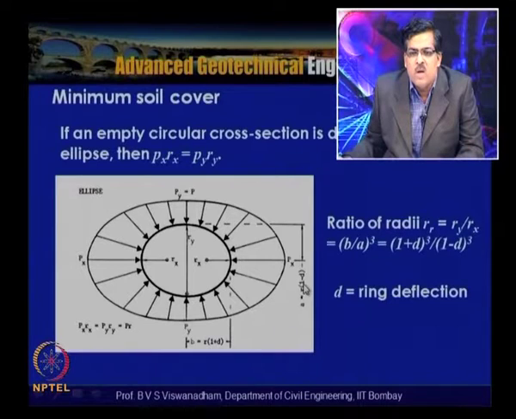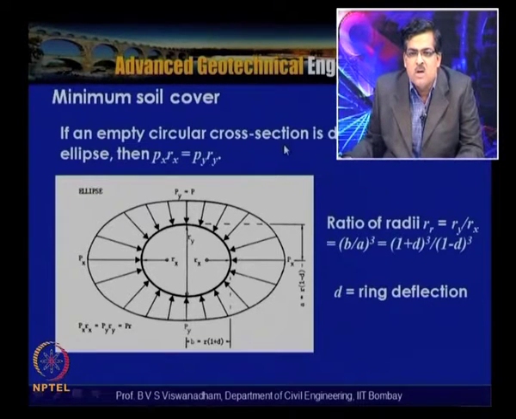So we can write the ratio of radii as B by A whole cube, as B is equal to R into 1 plus D. So this is 1 plus D cube divided by 1 minus D cube, where D is nothing but the ring deflection, that is, by how much the pipe has undergone change.